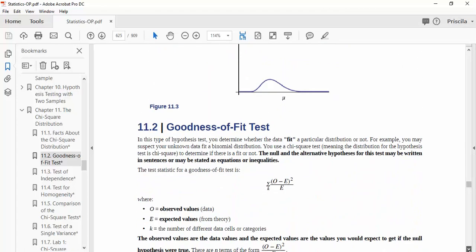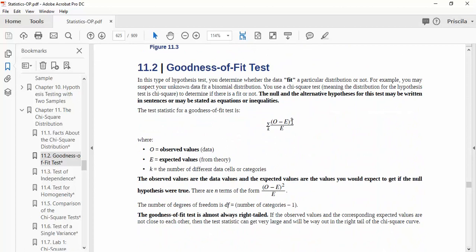Let's go to the goodness of fit, where we're going to use this formula right here, which is showing you that the test statistic is the sum of your observed values minus your expected values, squared, divided by your expected values.